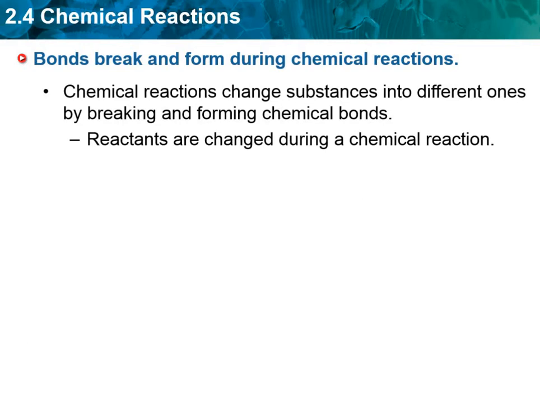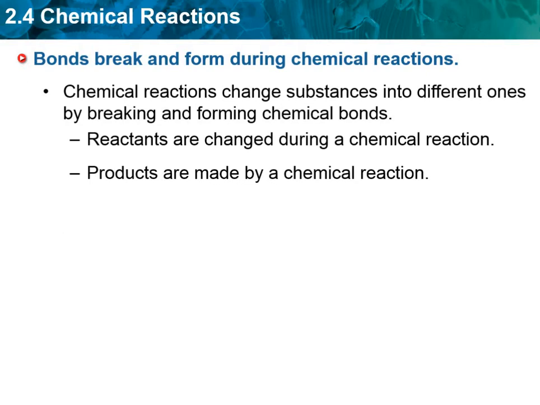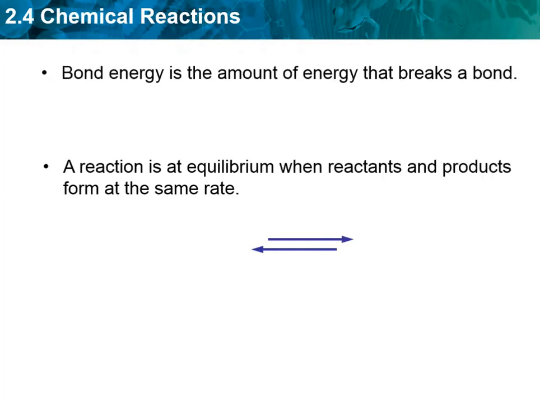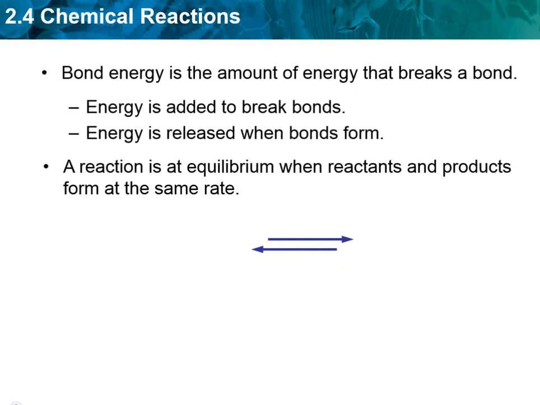Reactants are changed during a chemical reaction. Products are made by the chemical reaction. So again, bond energy is the amount of energy that is going to break a bond. Energy is added to break bonds.